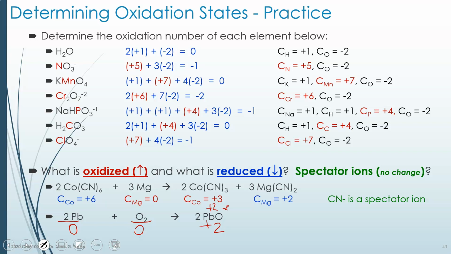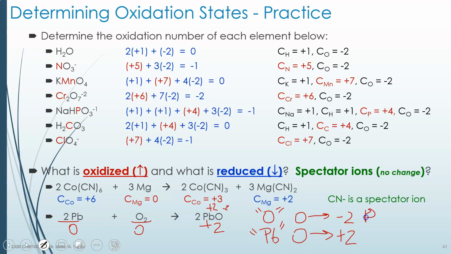So what we have is a case where for the oxygen, the charge is going from 0 to minus 2. And for the lead, it's going from 0 to plus 2.